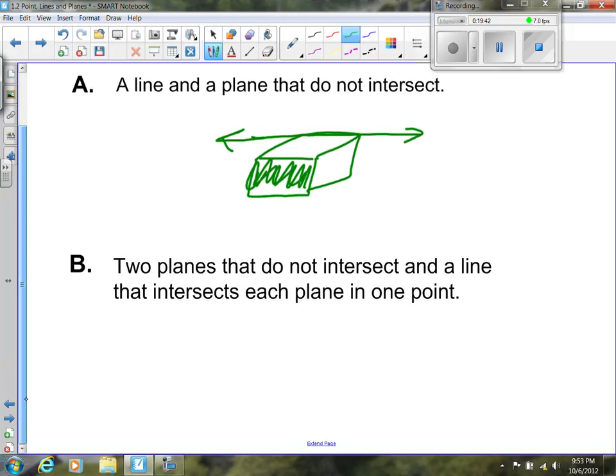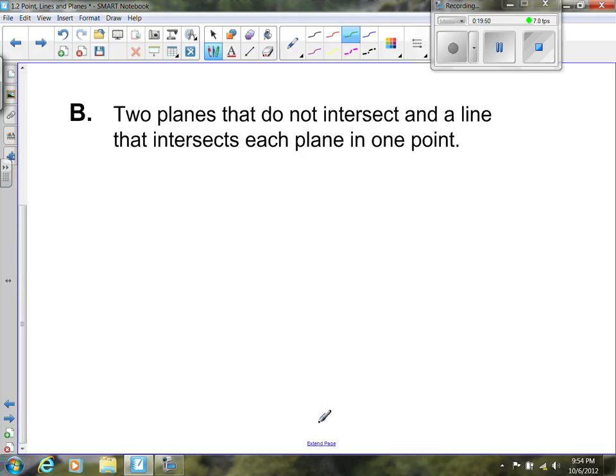The next one, 2 planes that do not intersect and a line that intersects both of them. I can do the same concept, draw 2 planes here and draw a line through them. I'm actually just going to pick 2 rectangular shapes. Now, these rectangles kind of look like parallelograms because they're in space. But I'm going to draw my line.